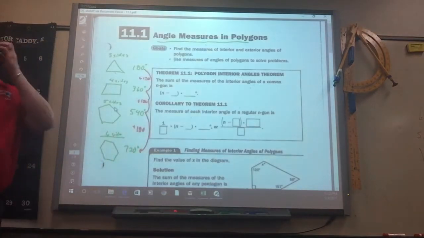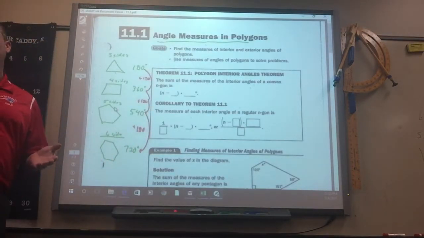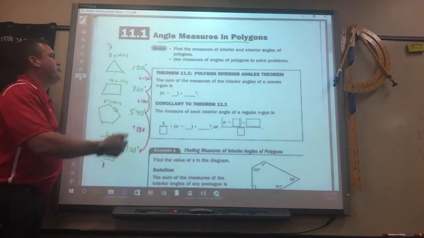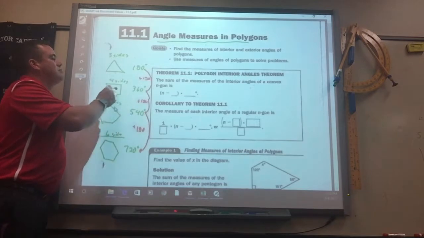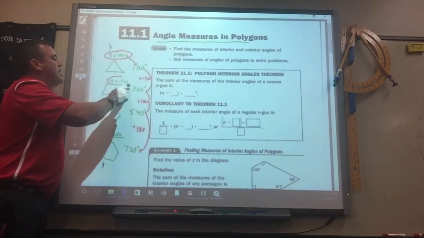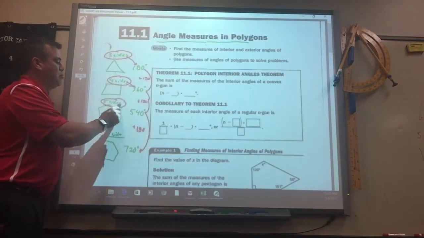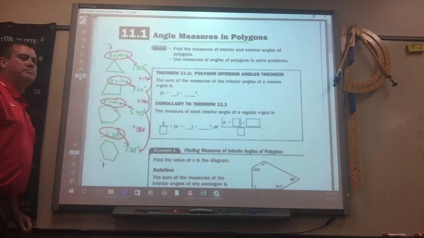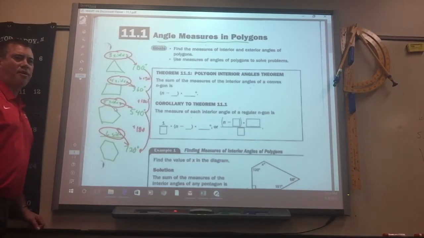Now, there's a shortcut for that, and we did learn this before, and you learned it in 8th grade also. We can do something to the number of sides to end up with this. Anyone remember what it is?